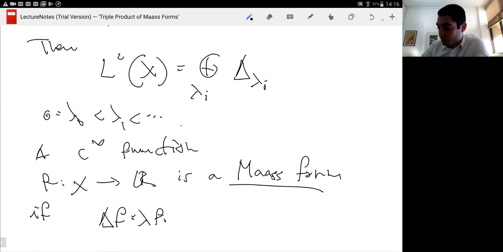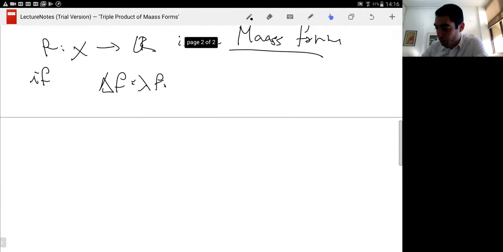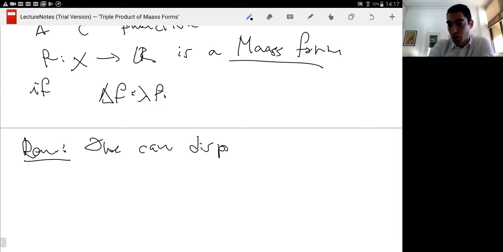Okay, so there are a few remarks in order. A, why did we impose the compactness condition? It seems a bit off.